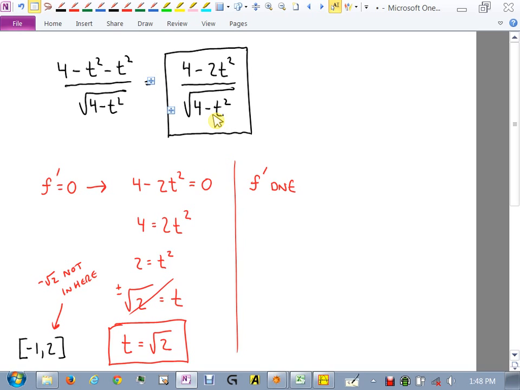When we looked at domain, we said -2 to +2, including -2 and +2. Can you have -2 and +2 here? Am I allowed to plug 2 into this? I'll get square root of 0, which is 0, but then it's division by that, right? So 2 is not a good thing to have, and -2 is not a good thing to have. So t equals 2 and t equals -2 are critical numbers.